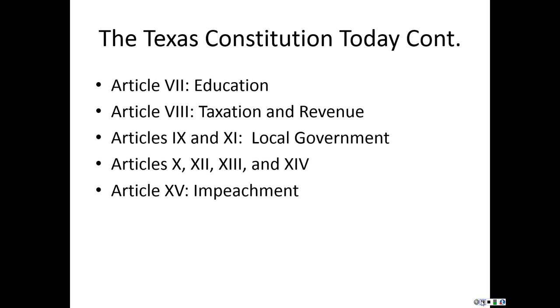Article 15 deals with impeachment. It explains there must be a formal charge by the House of Representatives and a trial by the Senate. The Senate has the power to try all executive and judicial officers. So this is the same impeachment power, the same process that we find in the U.S. Constitution.